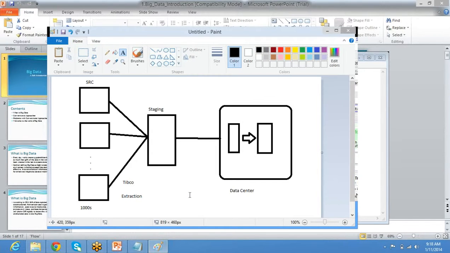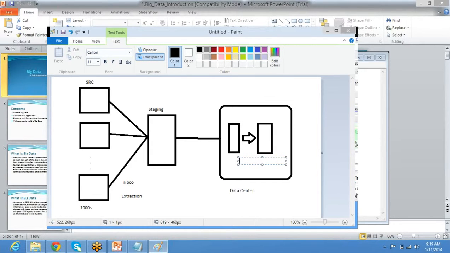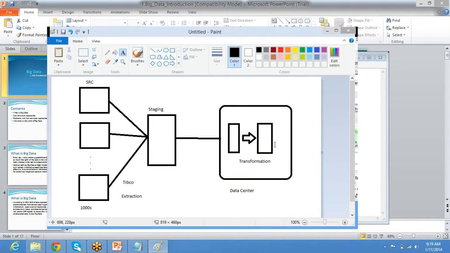This is ETL: extraction, transformation, and the next thing is you load it into your warehouse.